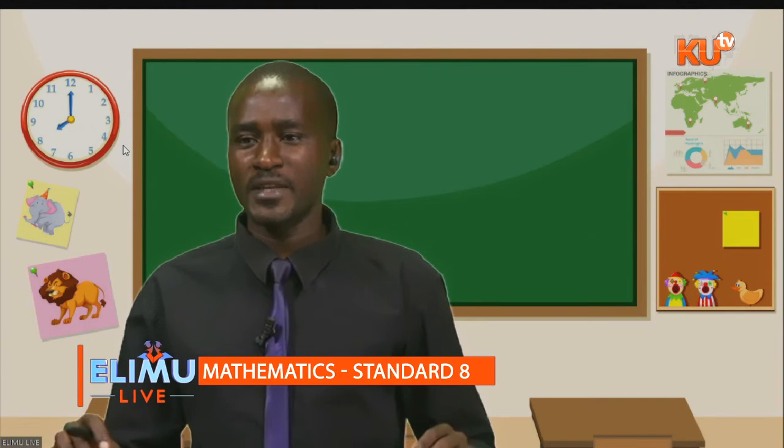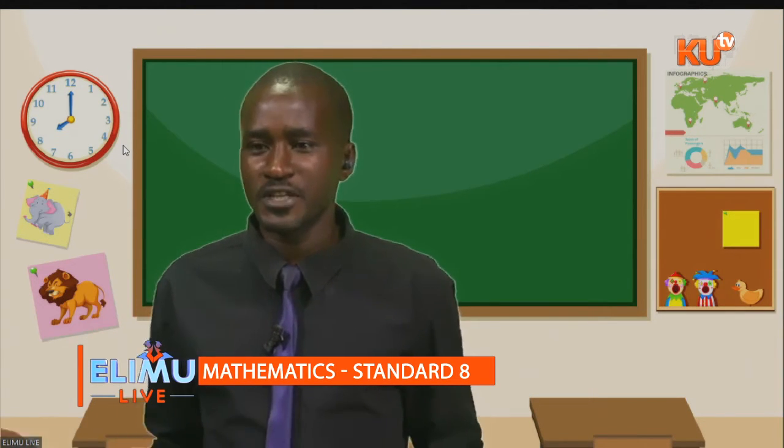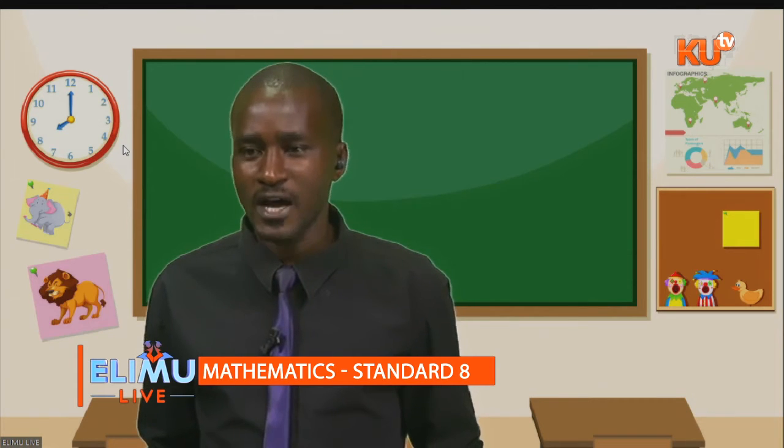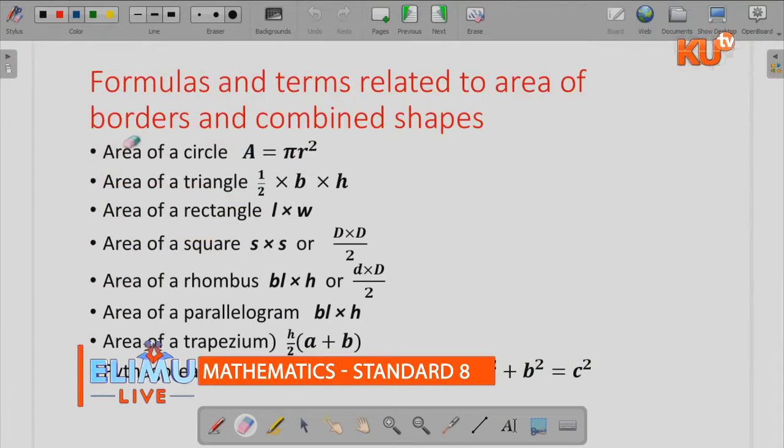So combined shapes means we have different shapes, like a circle, a triangle, a rectangle, a square, a rhombus, a parallelogram, a trapezium. These are the shapes we are going to handle when they are combined.